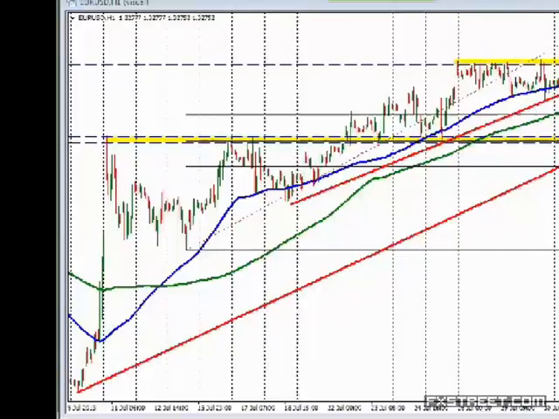All right, so you should now see a screen here of the euro versus U.S. dollar. Is that correct? It says an hourly chart. No. No. Okay.